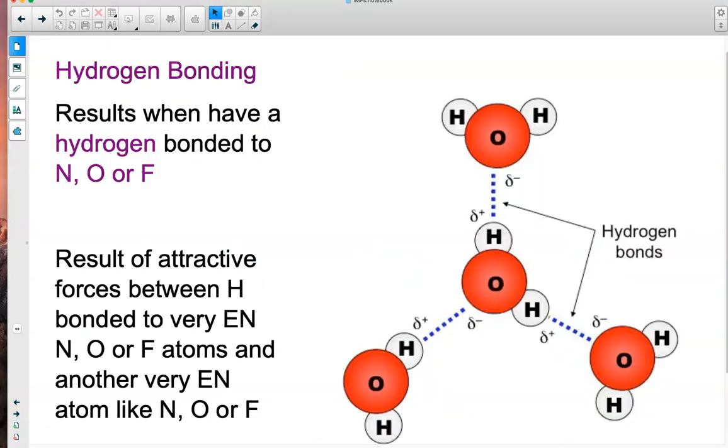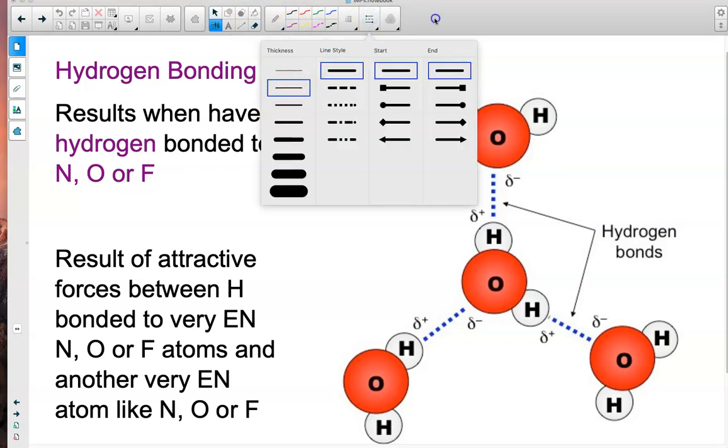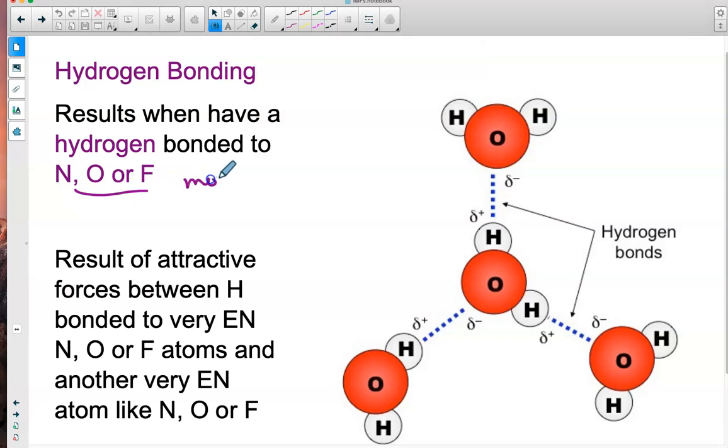The last type of intermolecular force I want to talk about is hydrogen bonding. This results when you have a hydrogen in your molecule bonded to nitrogen, oxygen, or fluorine. And what's special about the nitrogen, oxygen, or fluorine is those are the most electronegative elements.